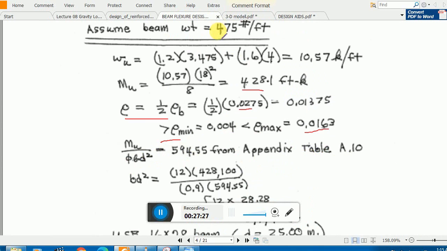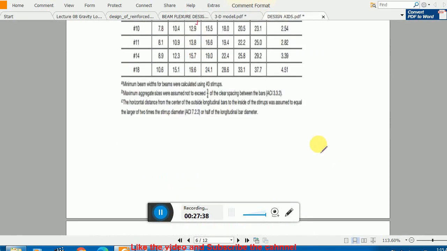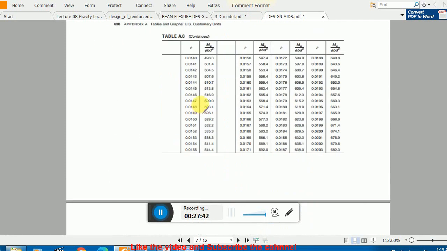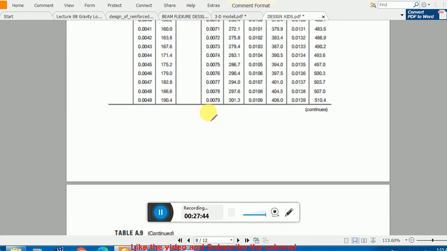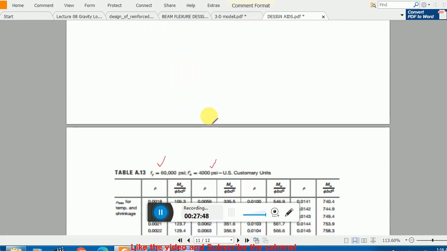Now again you have to choose your R value. Basically this is the R value against this value. So let me show where this R value is, that is 4,000, 40,000. We have to add the 50,000 table, and I have not included the 50,000 table.